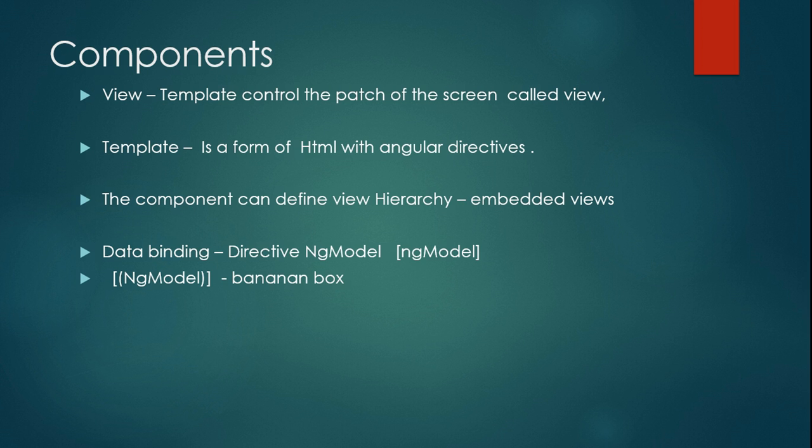So in both ways, that is two-way binding. When a DOM element has ngModel with the banana box, it is two-way binding, and with the brackets of ngModel, that is one-way binding.